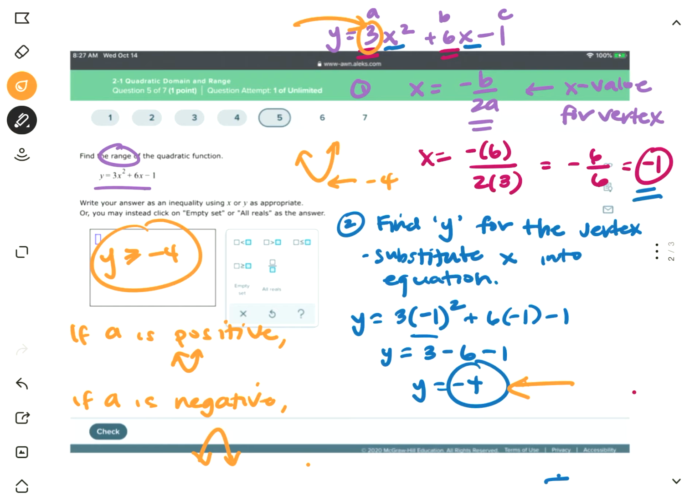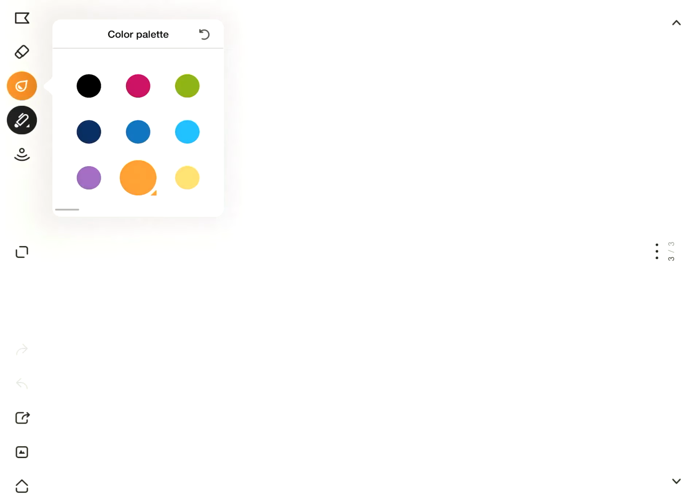All right, we're going to do one more example here. For this one, let's say we have y equals, actually, let's not do that. The example is a little bit different.